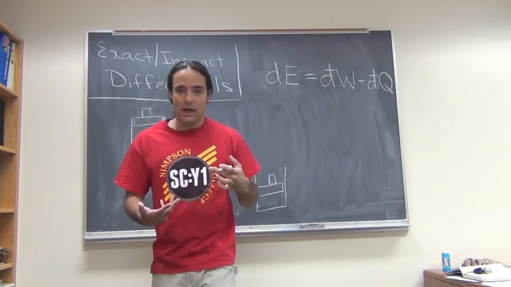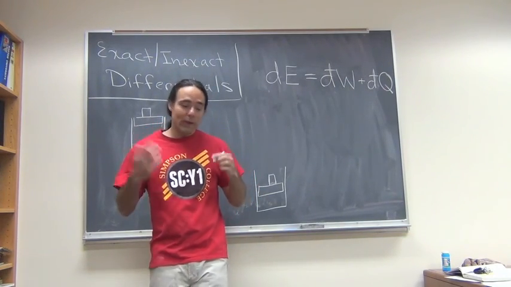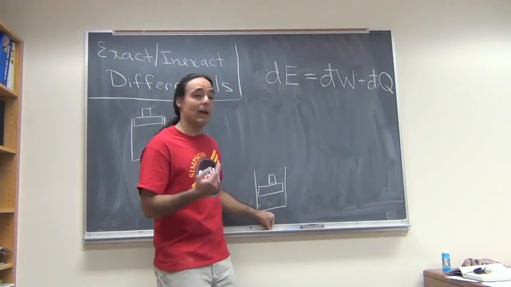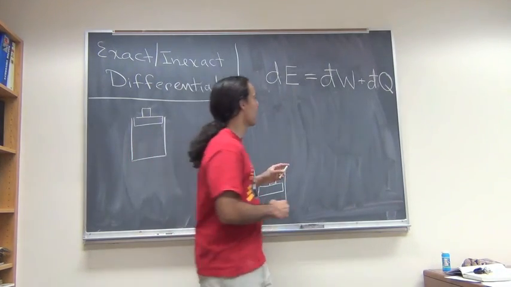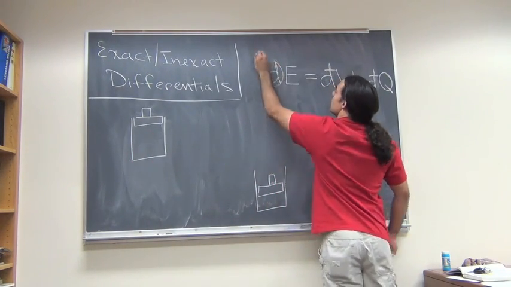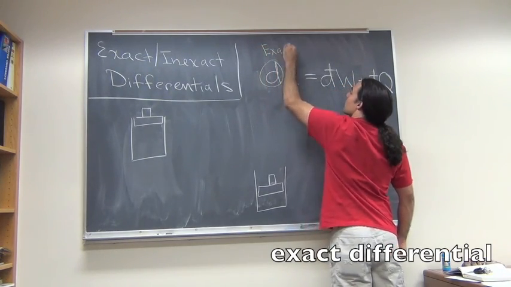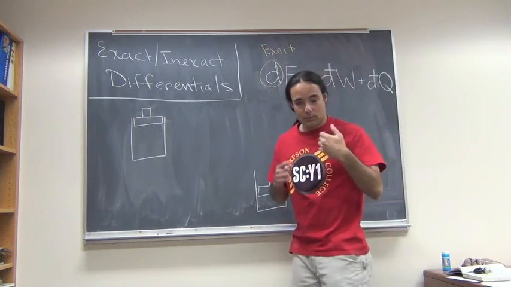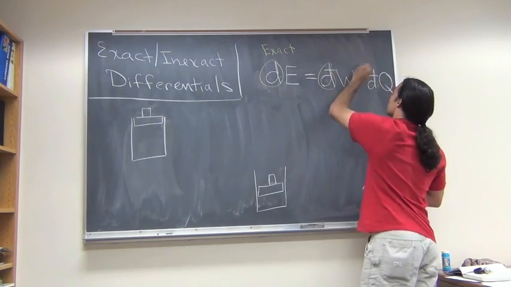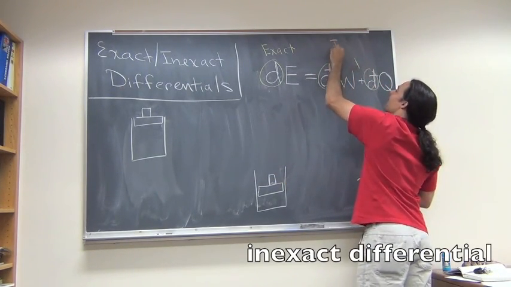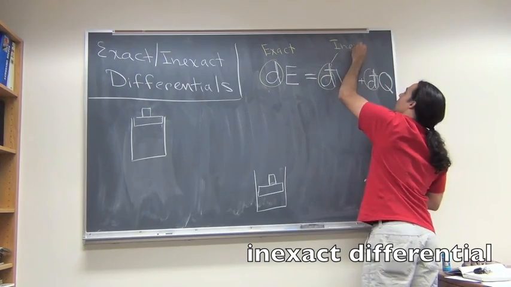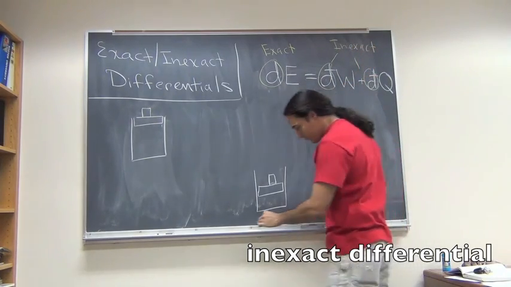Why do I write that line? Well, we have two different types of D here, and they do really mean different things. This is what we call an exact differential. These D's are what we call inexact differentials.